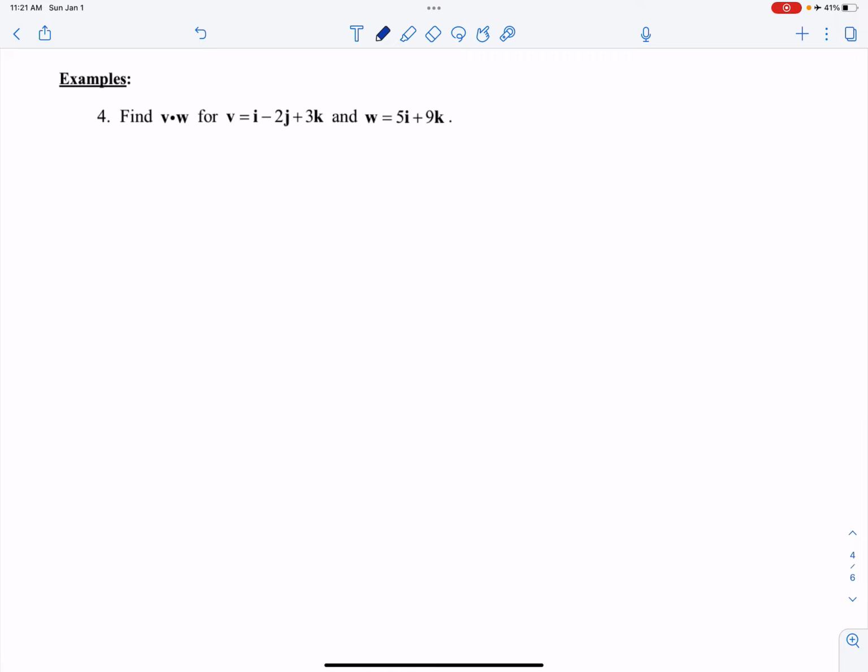Okay, our next example. We're going to find the dot product. This time our vectors have 3 components instead of just 2, but the dot product still works the same. So V dot W is going to be our i components, 1 times 5, plus our j components, -2 times 0, and our k components, 3 times 9.